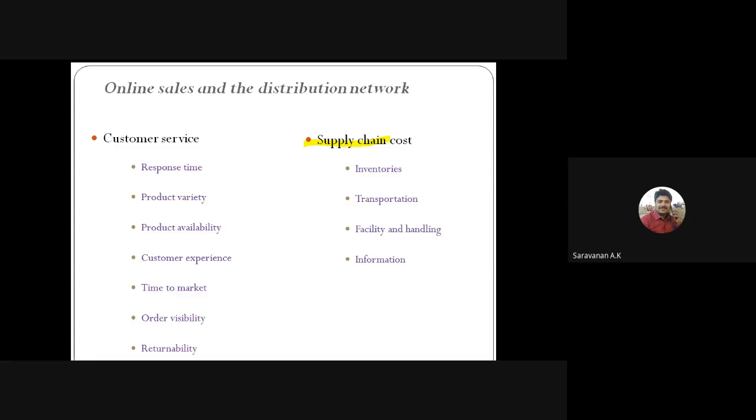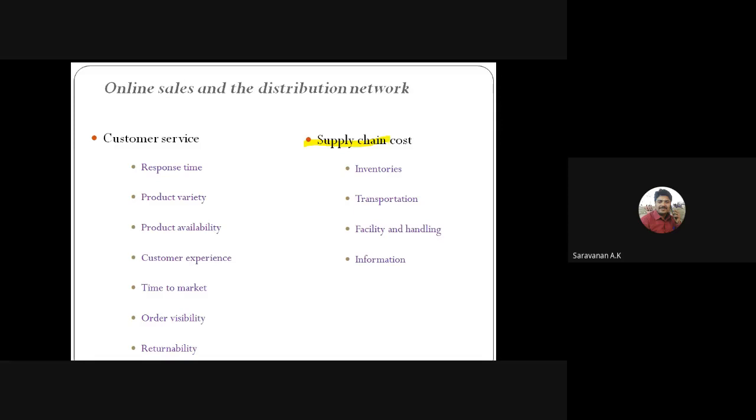Then the information: the online seller can share the demand information throughout its supply chain to improve its visibility. And the internet may also be used to share the planning and forecasting information within the supply chain for further improving its coordination, right?